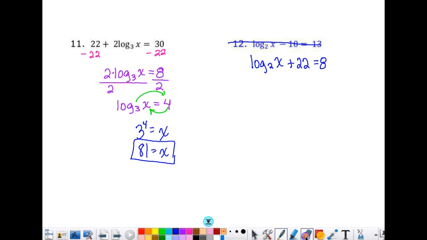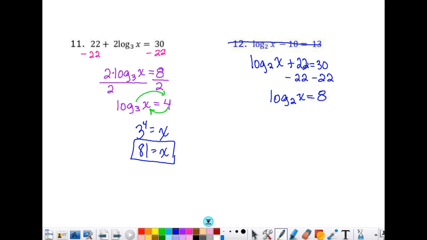Silly me. 22 equals 30. Okay, now what? What do we do first? Yeah. Subtract the 22. And then that leaves us log base 2 of x equals 8.